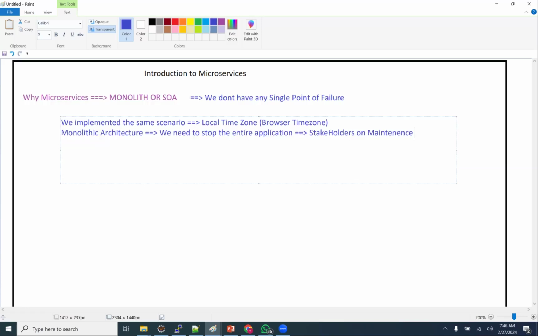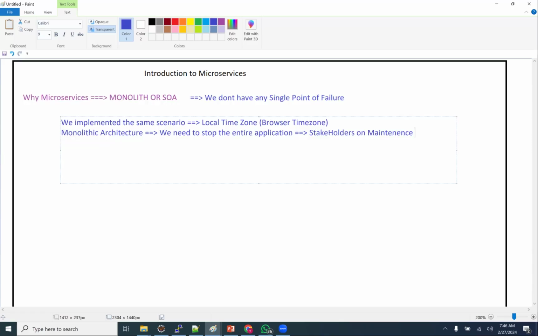Okay, we'll update all our stakeholders on the maintenance window timing, we'll stop our application, and we will deploy the new application. Even though there are n number of approaches we can take, we need to stop the entire system.